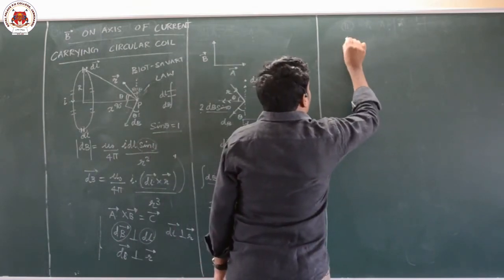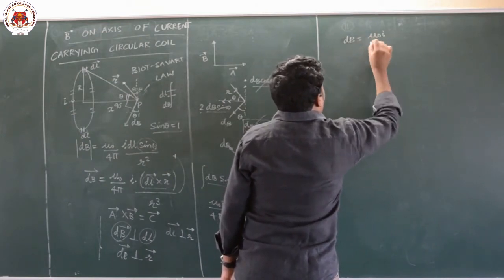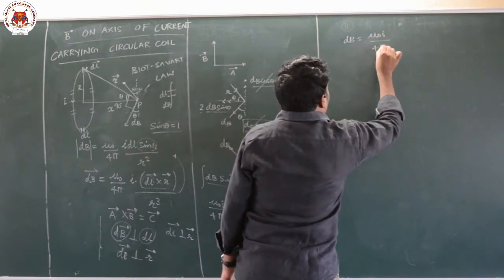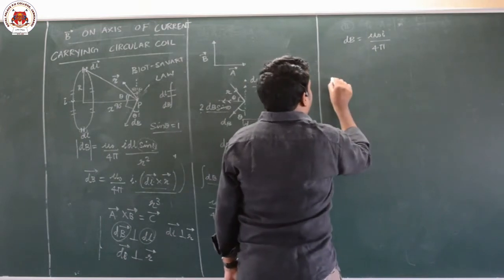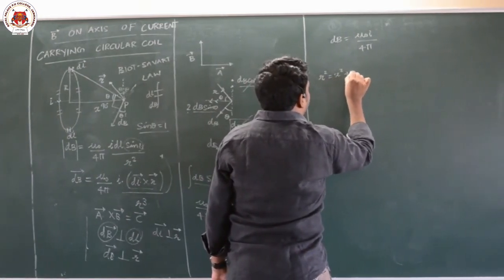So dB is equal to μ₀ I/4π, and r² is equal to x² plus R².